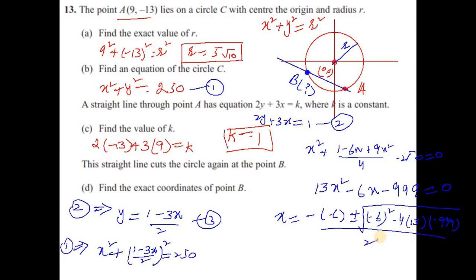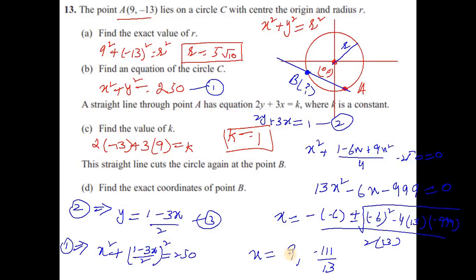If you solve this, you have the values of x as 9 and minus 111 over 13.